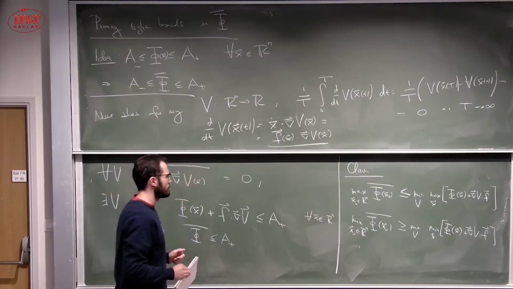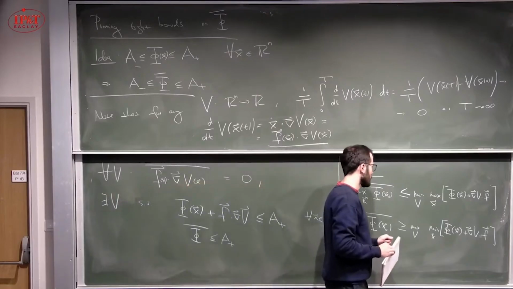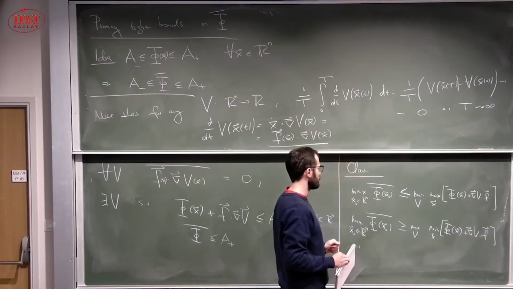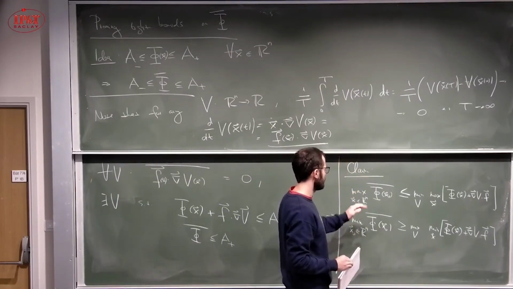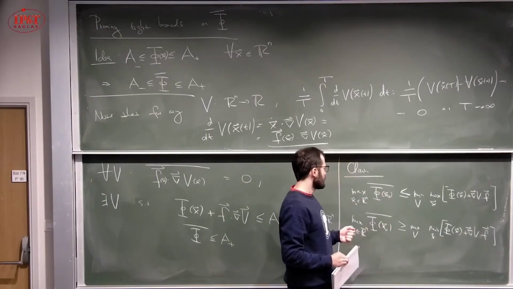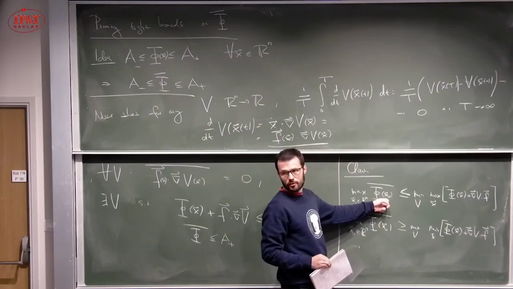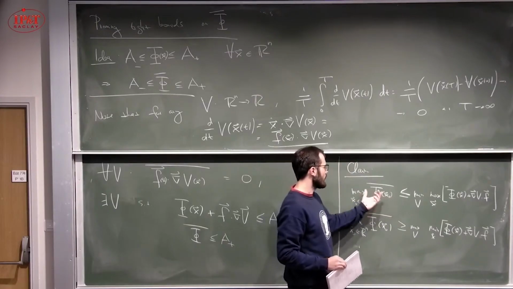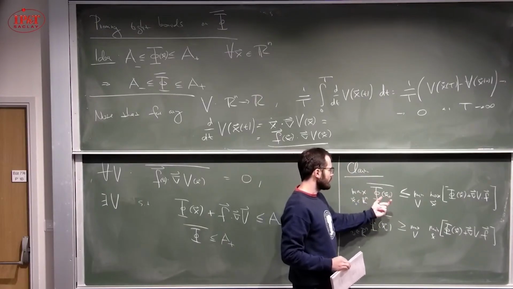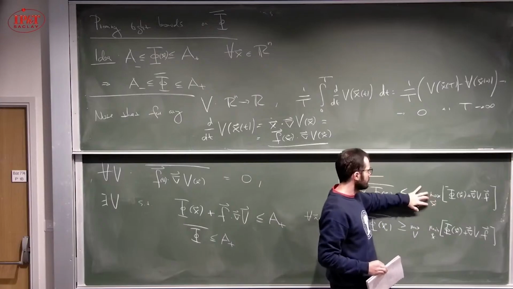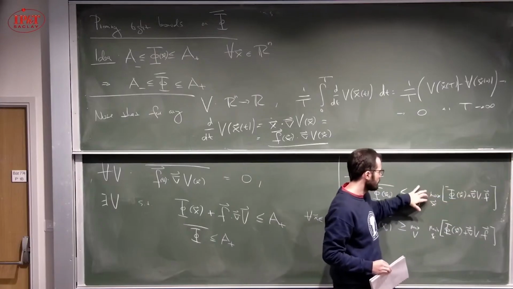Right. So basically the inequality is that no matter what x0 is, so x0 is the initial condition, the long-time average is bounded by the maximum of this function, no matter what v is.